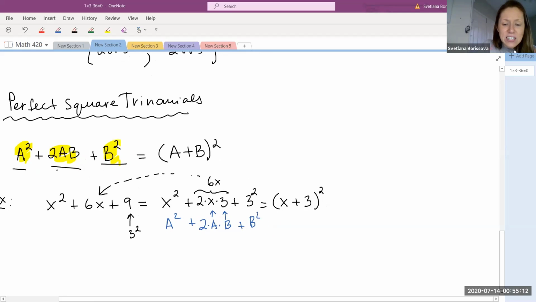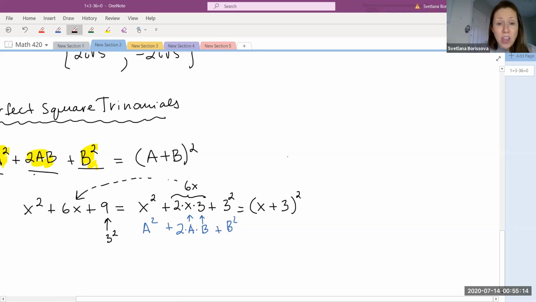And to finish this example, I'll just demonstrate that, yes, indeed, it can be written this way because if I take x plus 3 and square that, it's the same as x plus 3 times x plus 3. And now as I multiply things out, it's going to be x squared plus 3x, and then I'll multiply this way.